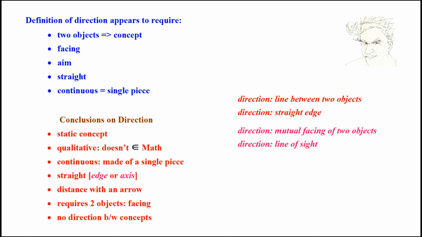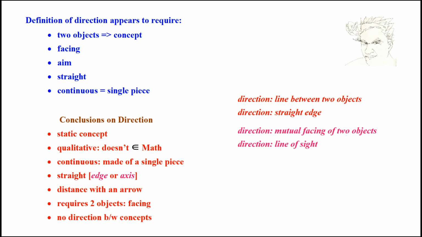They need to be facing, and one object, no matter how it's facing, one face always faces another object. 2 objects have distance between them, between 2 surfaces. Aiming, it has to be straight, and it has to be made of a single piece. You cannot chop direction into pieces. Direction is made of a single piece, or you can say it's continuous.